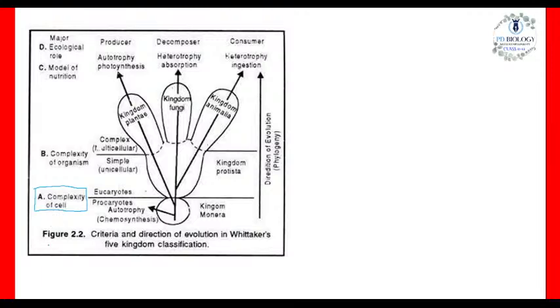That means they are either prokaryotes or eukaryotes. Prokaryotes are under the kingdom Monera, and chemosynthesis is there. Now the second category, that is complexity of organism. They are either simple or complex, simple or unicellular, and complex or multicellular. Here the kingdom Protista is there. So Protista is under simple unicellular eukaryotes.